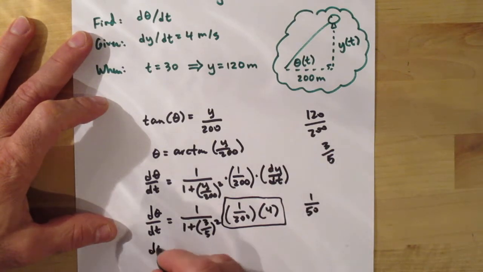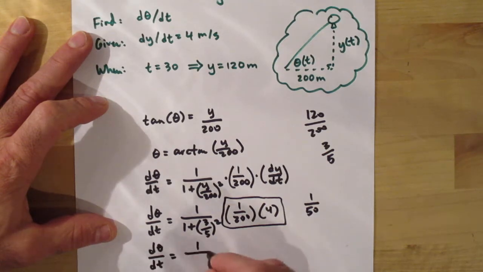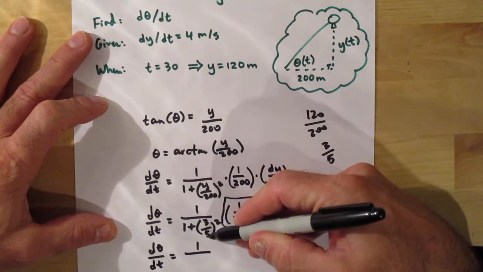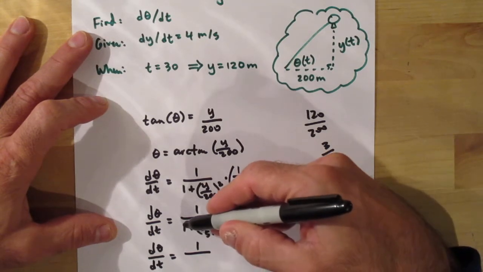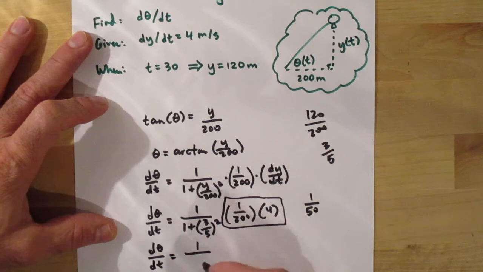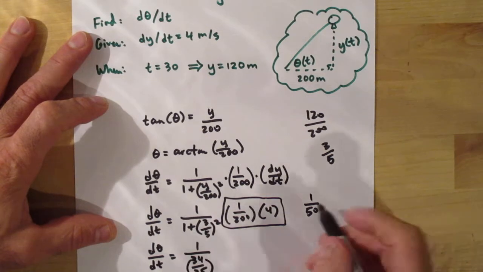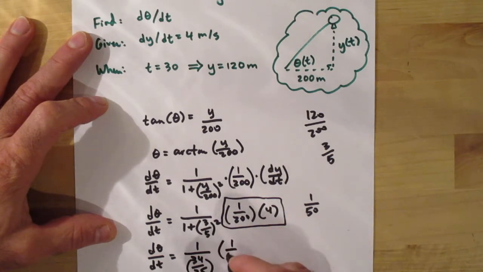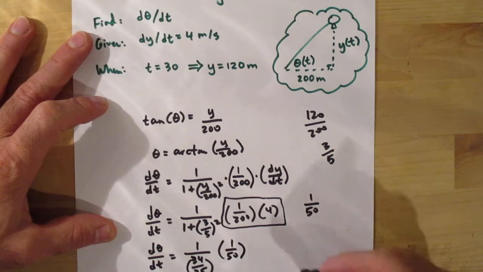This piece right here, let's go ahead and do a little simplifying, will be 1 over 9/25 plus 25/25, so there'll be 34/25ths times, like I said, 1 over 50. All right.